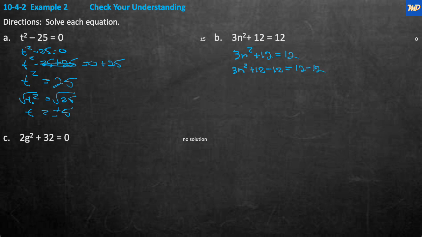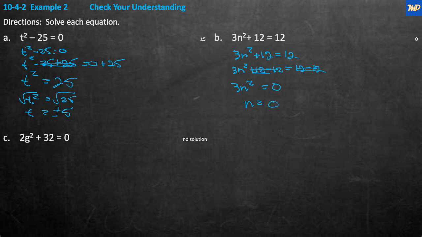When we go to the next step, we have 3n squared is equal to 0, because the 12s cancel. So it just so happens that the answer is 0. 0 divided by 3 is 0, and the square root of 0 is 0. So the solution is n equals 0.